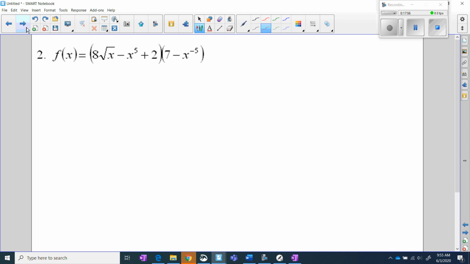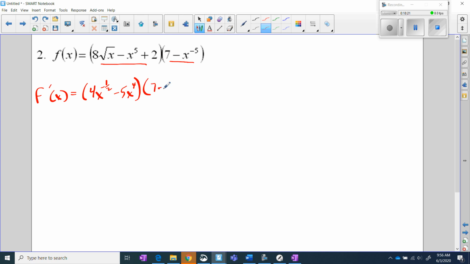Next one is a product. So I've got my first factor and my second factor. So f prime of x would be derivative of the first. So remember, 8 root x is 8x to the half. So that's going to be 4x to the negative half. Take away 5x to the fourth. There's derivative of the first.